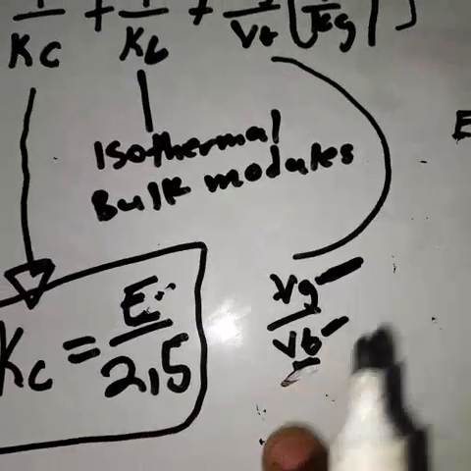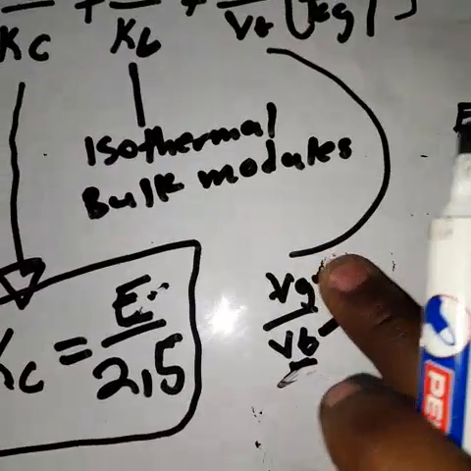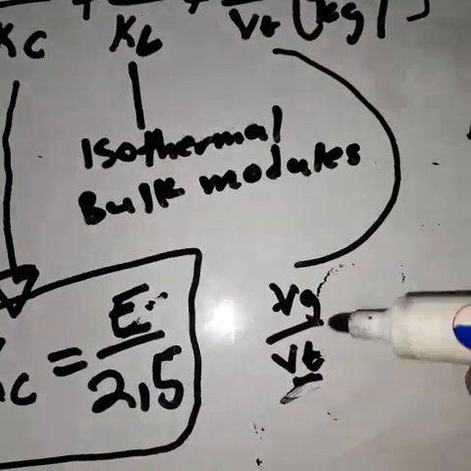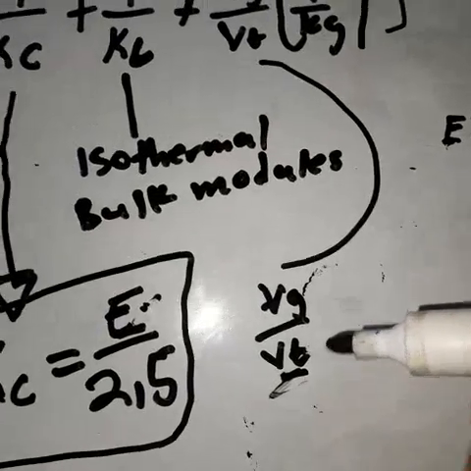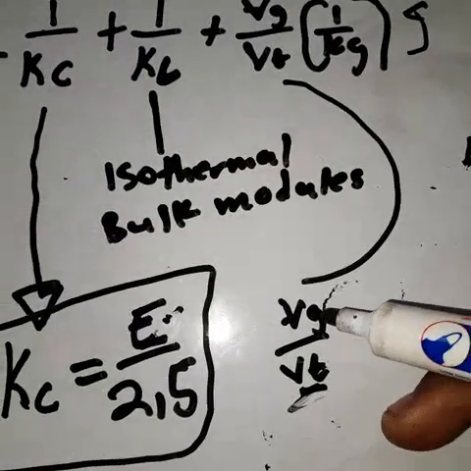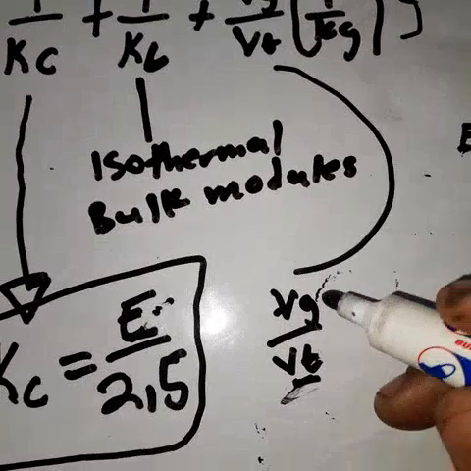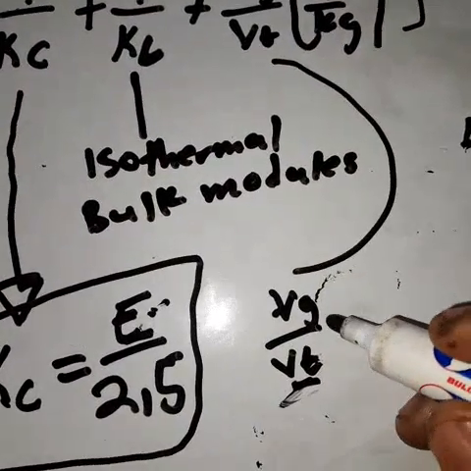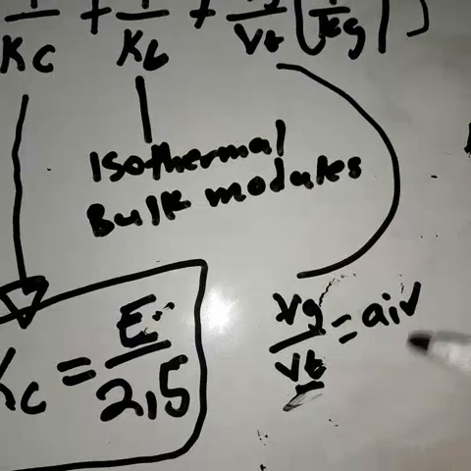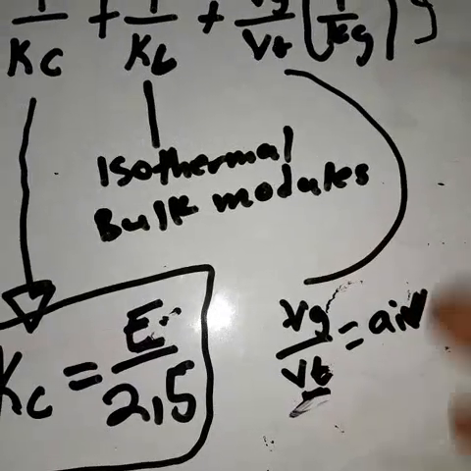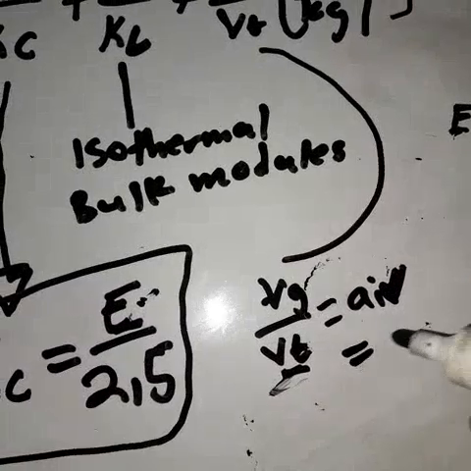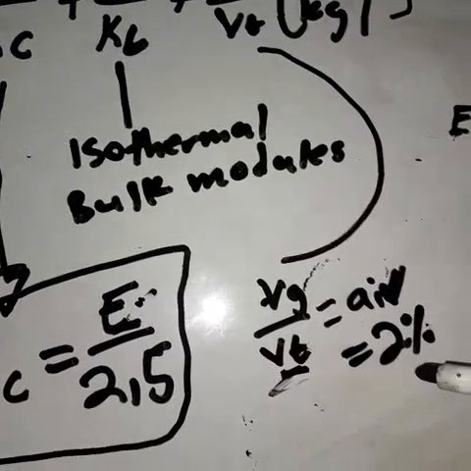So this will be given, or sometimes you calculate it, you make it the subject of the formula if it's not given. And then you write it in the form of decimal. Let's say they give you the amount of air, as a percentage, maybe they say it is 2%.